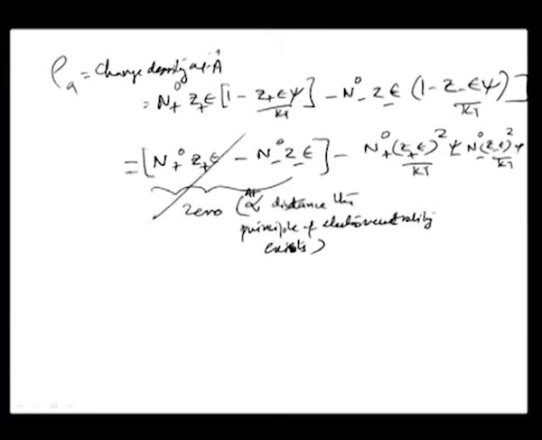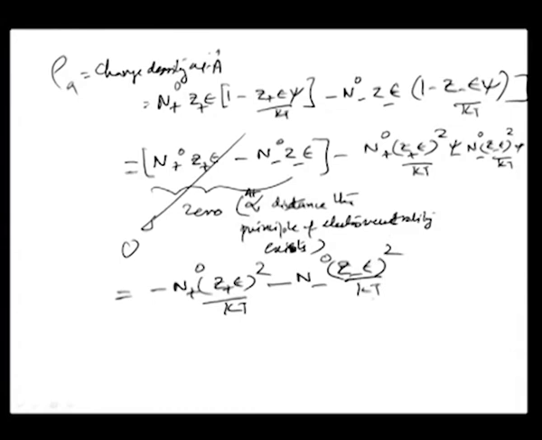And so the other term which can be taken care of is basically minus n plus 0 Z plus epsilon square by kT minus n minus 0 Z minus epsilon square by kT times xi.